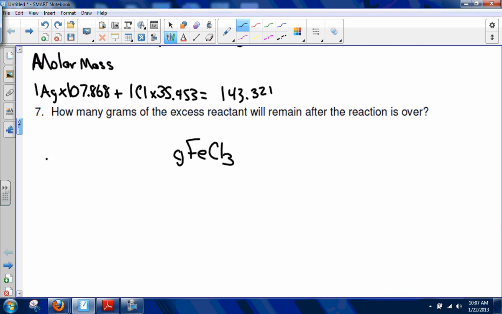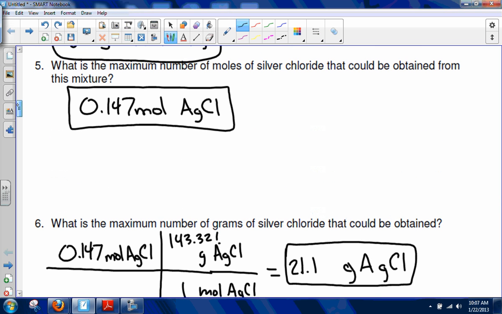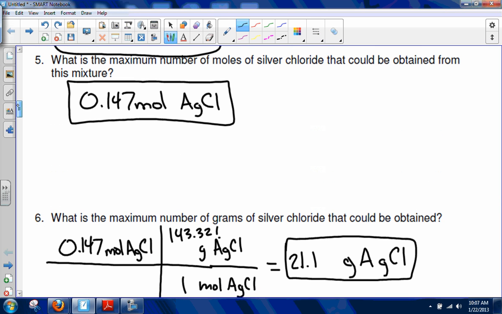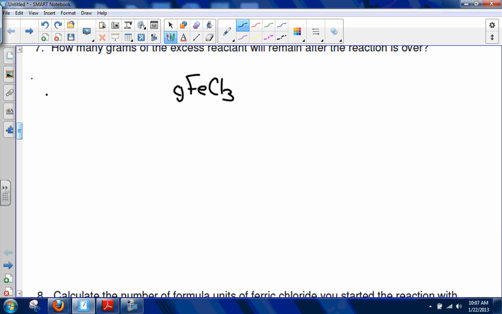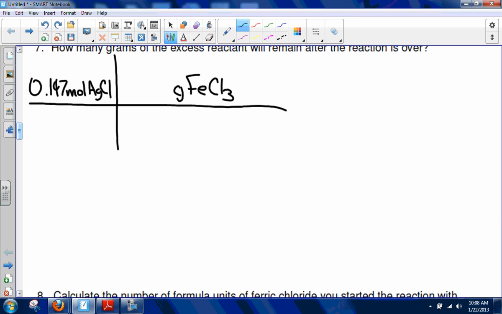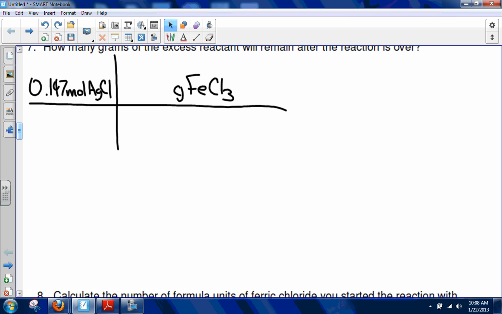Now, where I want to start is with our answer from number 5, 0.147 moles of AgCl. The reason I want to start at moles is because if I start at moles, I can actually transfer into the other substance in one step.